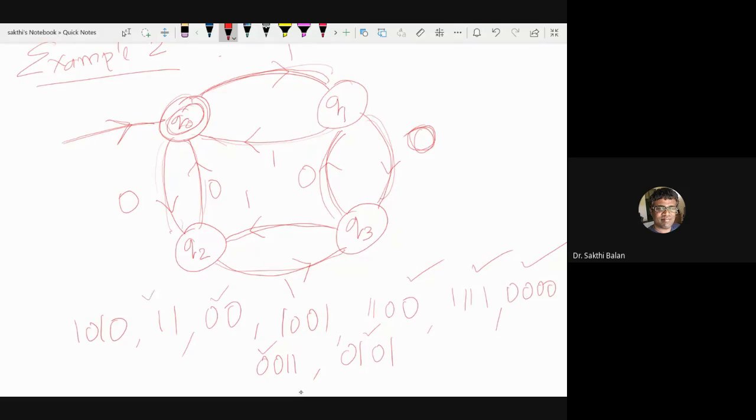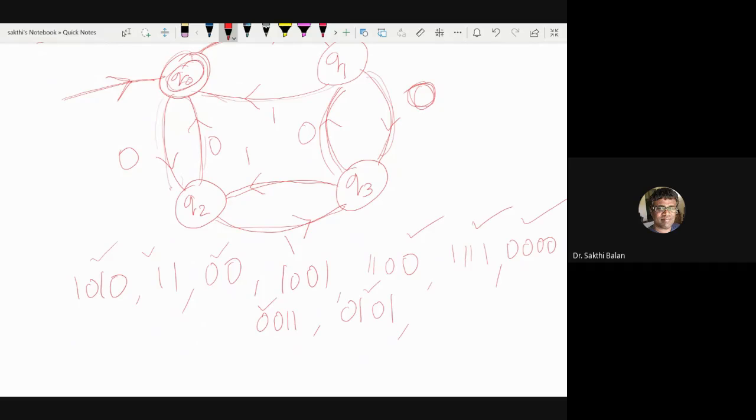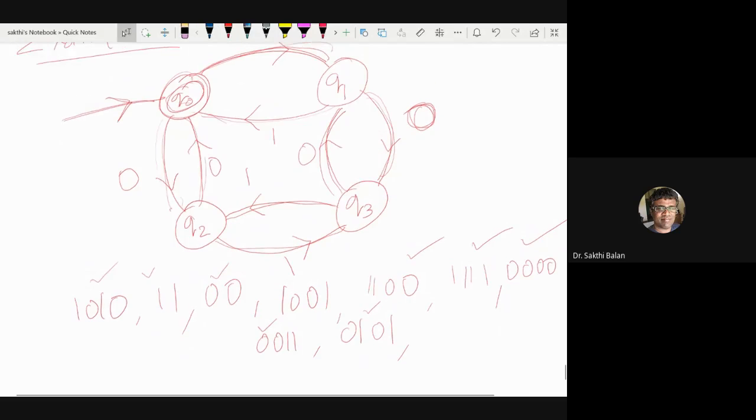Yes. Now, do you find any kind of a pattern that is emerging? Epsilon also will be accepted, right? Because Q naught is a start state and it's also a final state, right? So empty string is also accepted there.